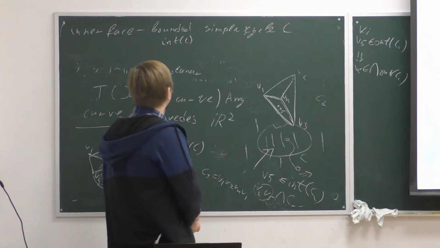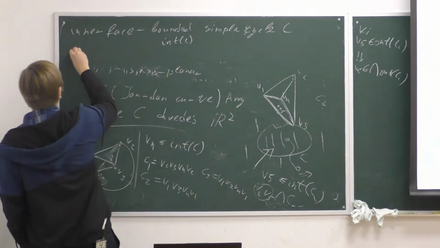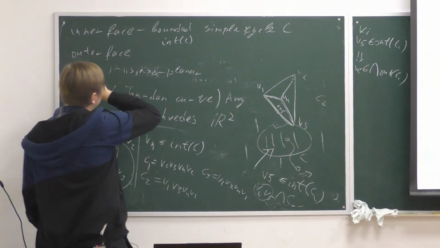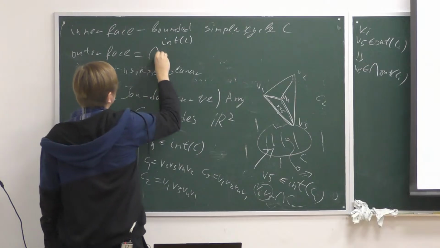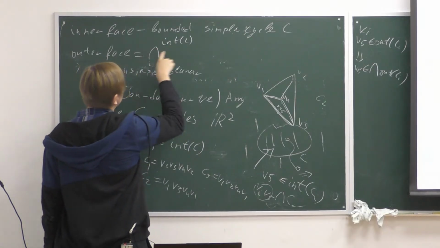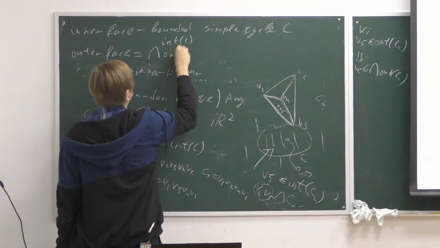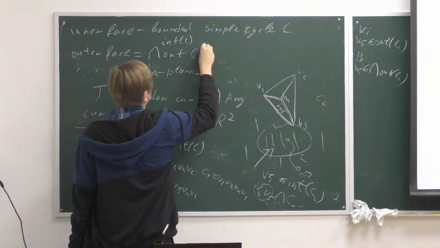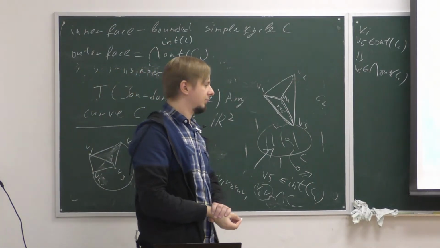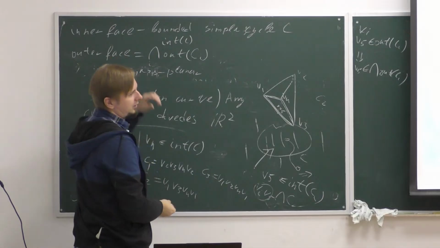And also we have a special thing, the so-called outer face. What is it? The outer face is the intersection of the outer parts of all simple cycles. We will call it the outer face.